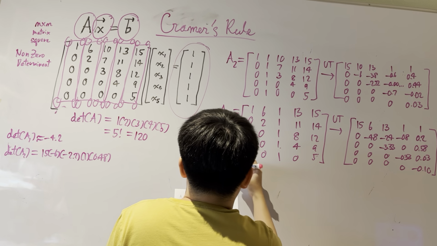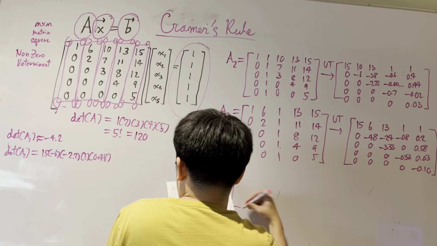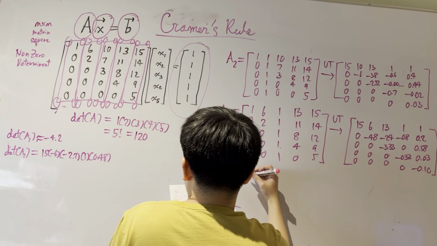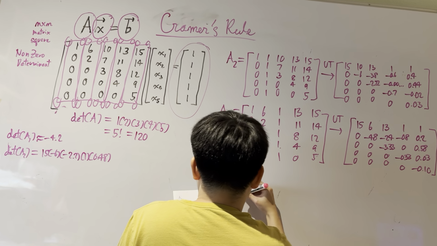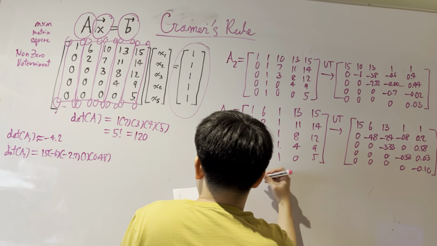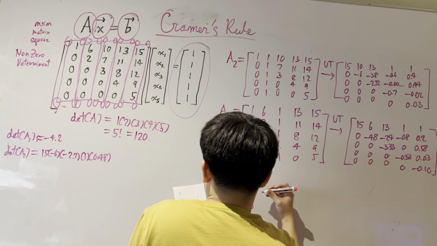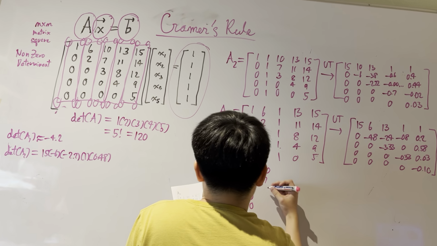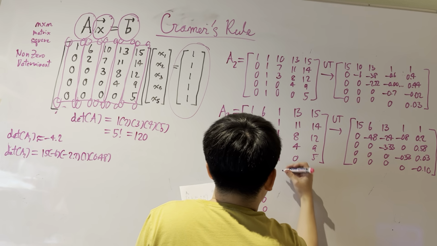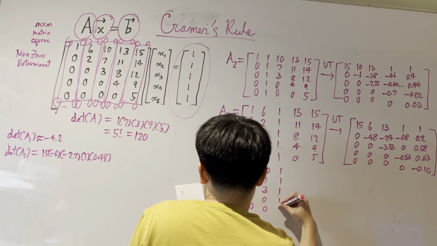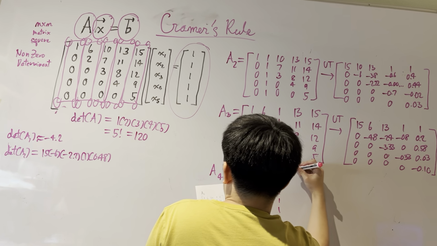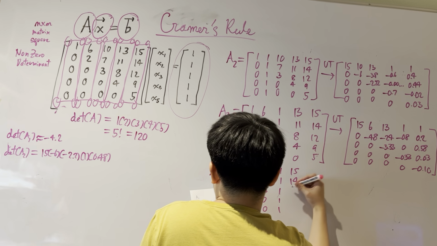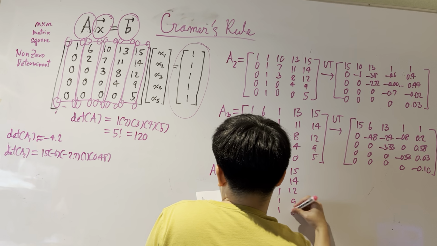A4 will become 1, 0, 0, 0, 0, 6, 2, 0, 0, 0, 10, 7, 3, 0, 0, 1, 1, 1, 1, 1, 15, 14, 12, 9, 5.